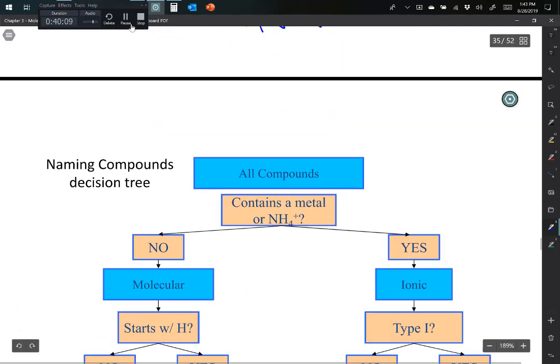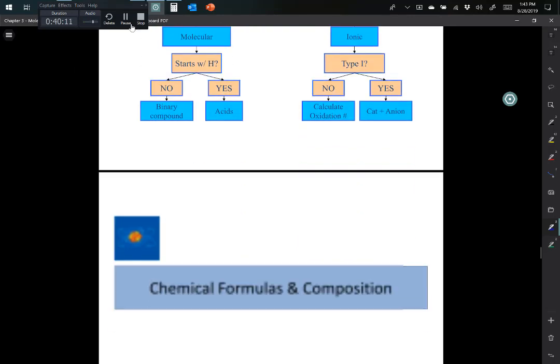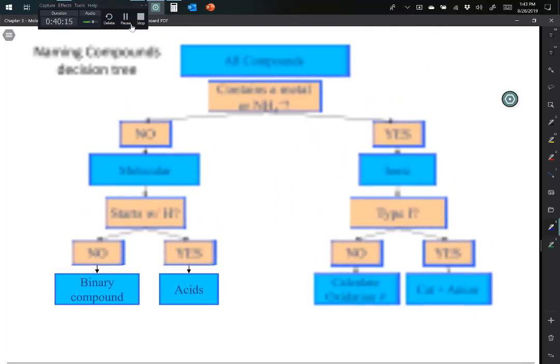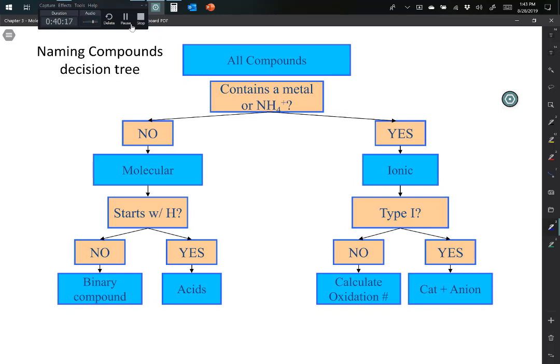Just a summary. This is actually from your book, but I have it just to help you out. Most people don't think like in a decision tree. Most people just recognize patterns and apply them.